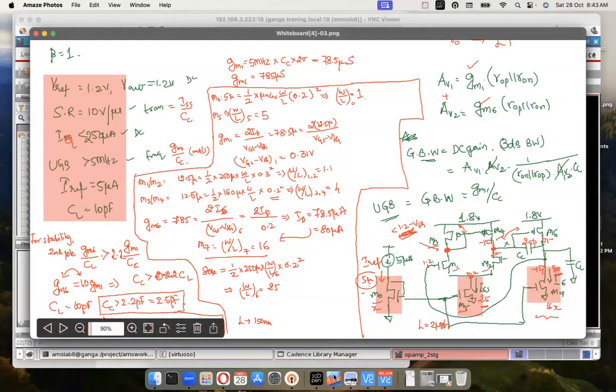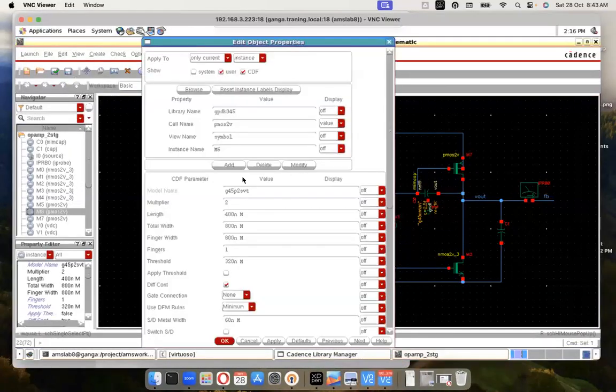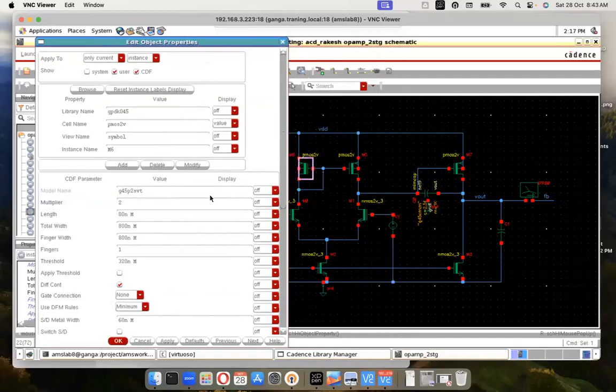4 is the ratio. Again, you need not have the minimum length, or you need not have longer length. However, this is a current mirror. If you see, this is clearly a current mirror. Current mirrors typically have to have higher lengths. Why?